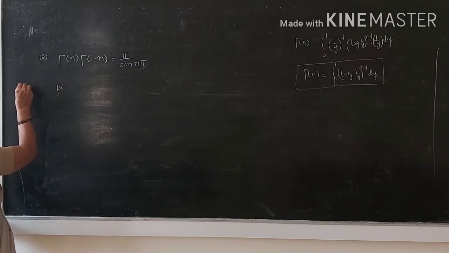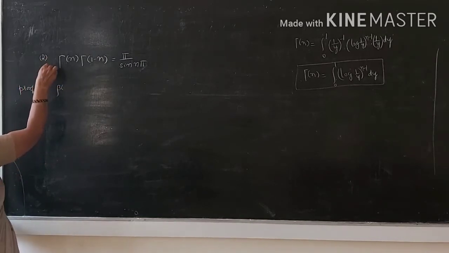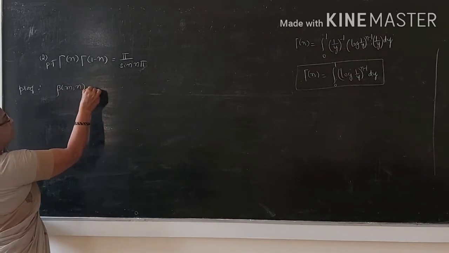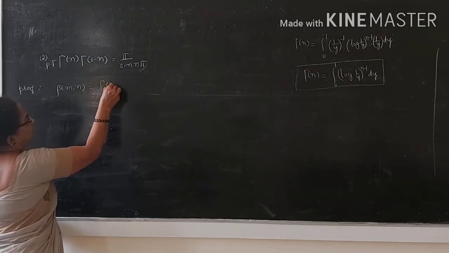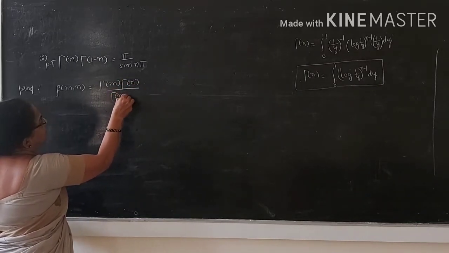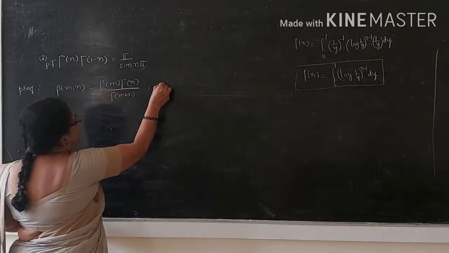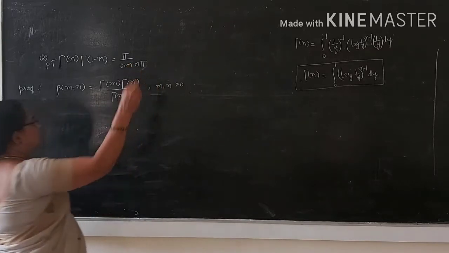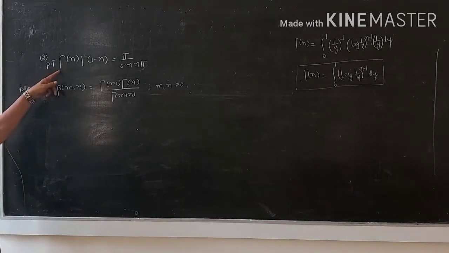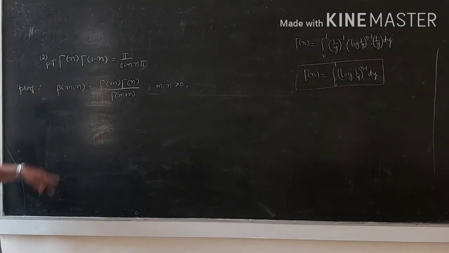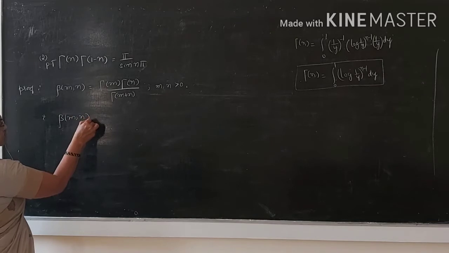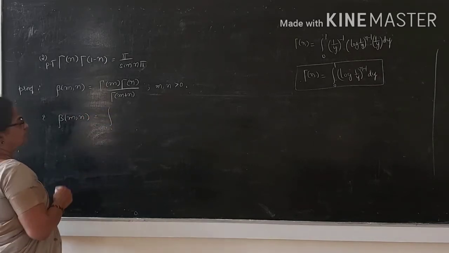Is it okay? The proof for this is, if I ask you to prove this, beta of m comma n is equal to gamma of m into gamma of n over gamma of m plus n if m comma n greater than 0. Okay? If I observe this result, and beta of m comma n is equal to, in the last class I proved this result.